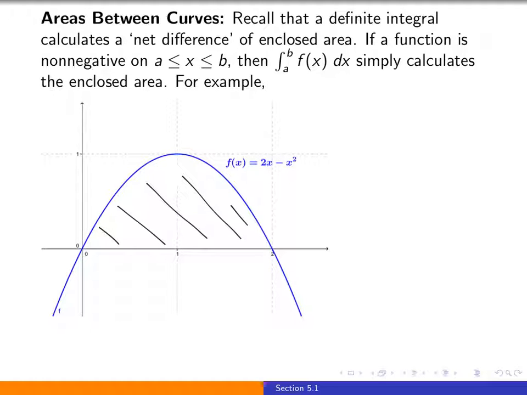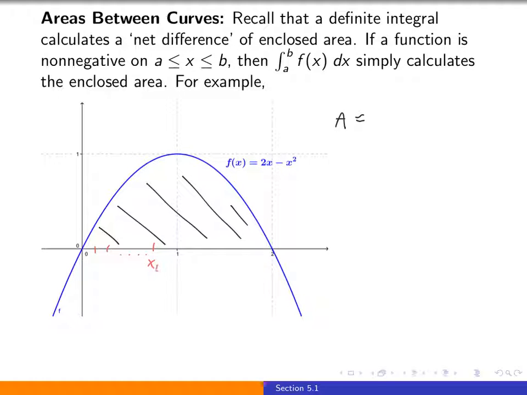We said, maybe we don't necessarily want to calculate the area exactly, but what we can do is approximate it and then use that approximation to come up with the actual value. So we took this interval, in this case from 0 to 2, and broke it up into a bunch of subintervals.